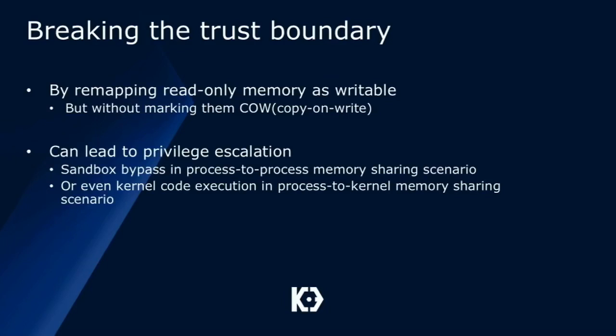Once that is done, it can lead to privilege escalation. In the process-to-process memory sharing scenario, it can lead to sandbox bypass, while for the process-to-kernel memory sharing scenario, when you are able to modify a read-only mapping, it is very possible for you to get kernel code execution.